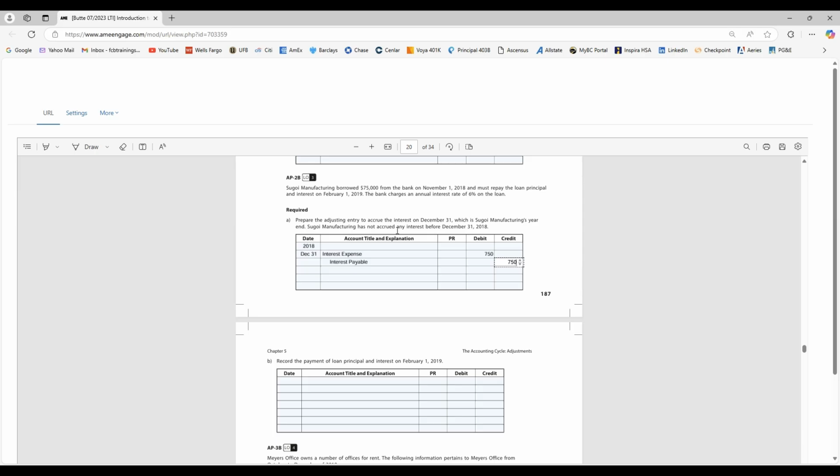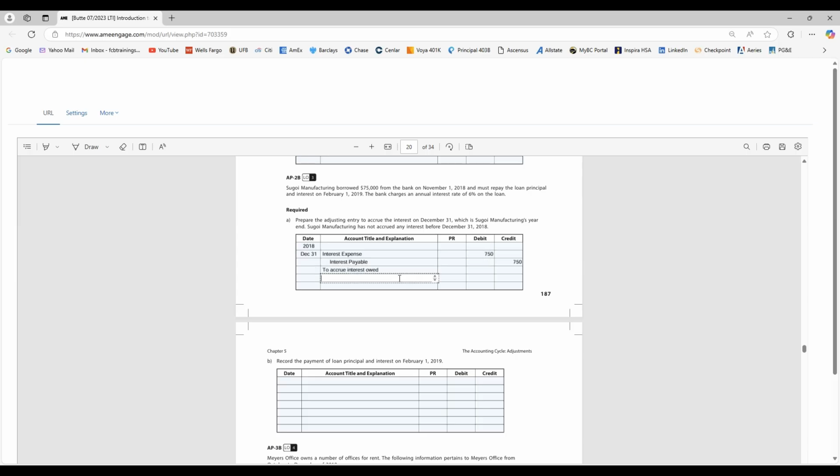But since we're only recording 2 months' worth of expense by the end of the year, we take 2/12 instead of the full year. Doing those calculations gives us $750. And we can say to accrue interest owed.